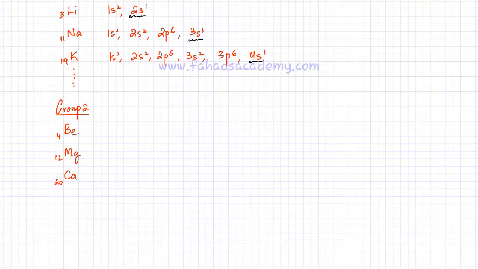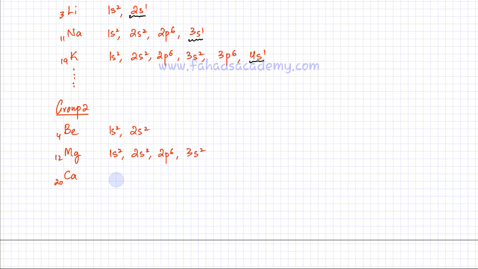Now we can do a similar thing for group 2. I've picked 3 elements from group 2, and I'm going to try and write the electronic configuration. Beryllium has 4 electrons, so the electronic configuration for beryllium is going to be 1s2 and 2s2. Magnesium has 12 electrons, so the electronic configuration is going to be 1s2, 2s2, then 2p6 and 3s2.